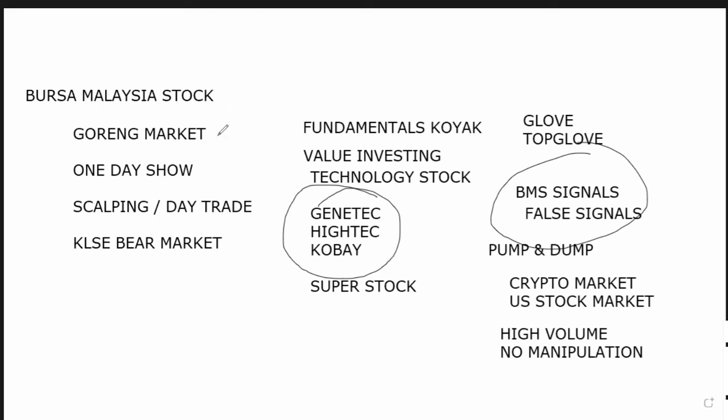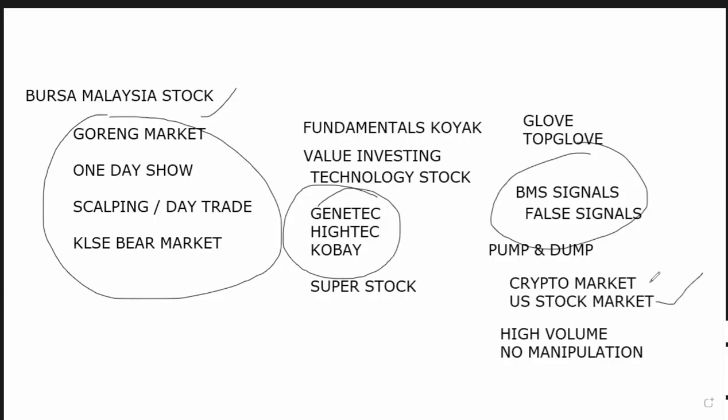Because the Malaysian stock market is in this kind of situation, that's why if you can survive the Malaysian stock market, you can survive in any market. Okay, you can trade in any market. It will be very easy. All right, with the help of the BMS signals and indicators, it's very easy to trade the US stock market and the crypto market.